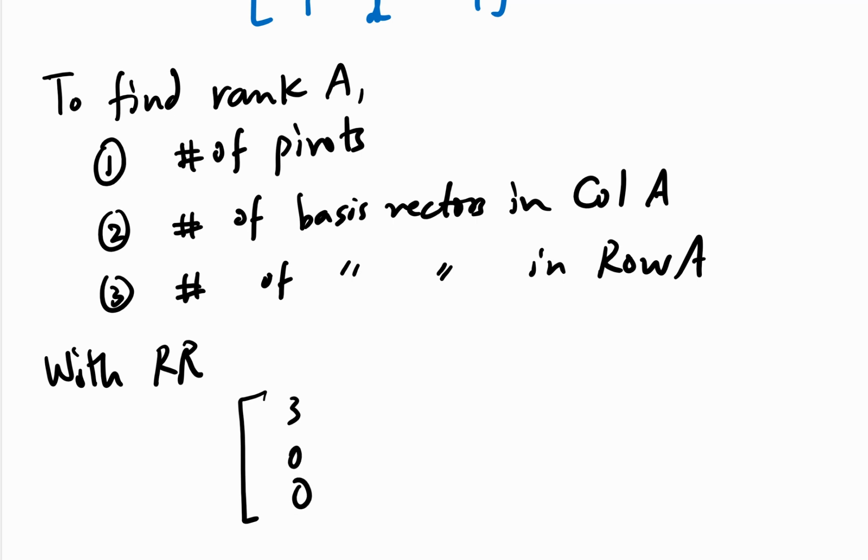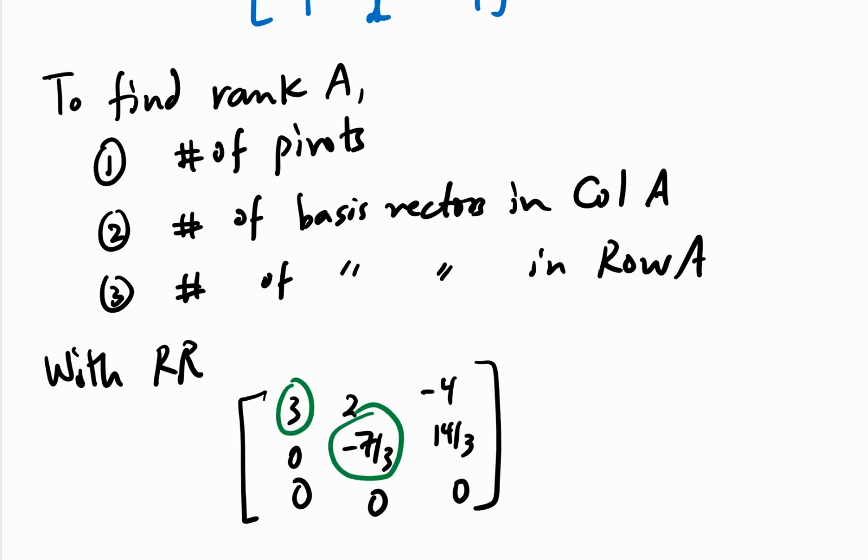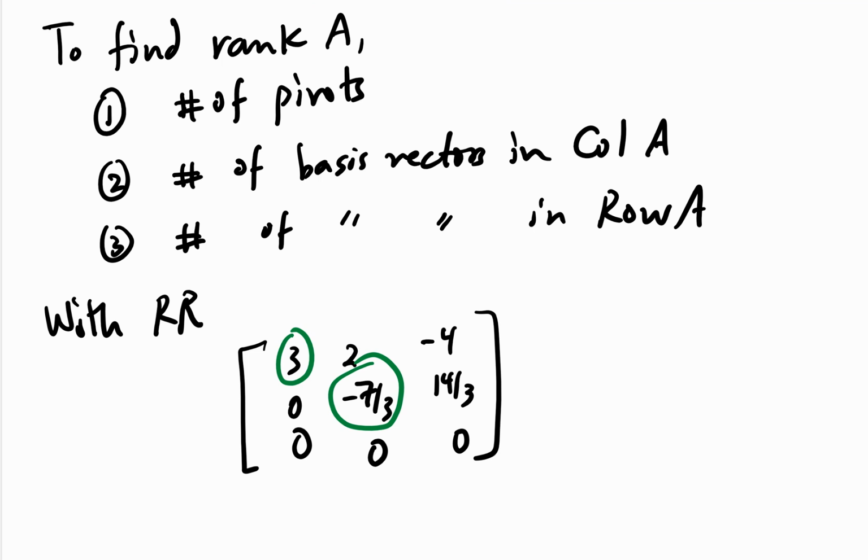3 0 0, 2 -7 thirds 0, -4 14 thirds 0. So how many pivots? 1, 2. So the rank is the number of pivots.